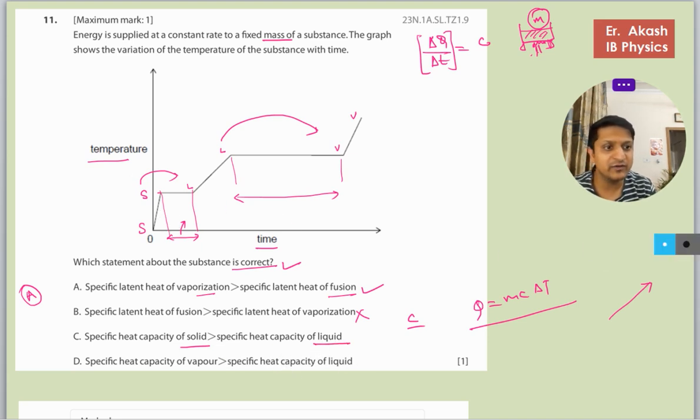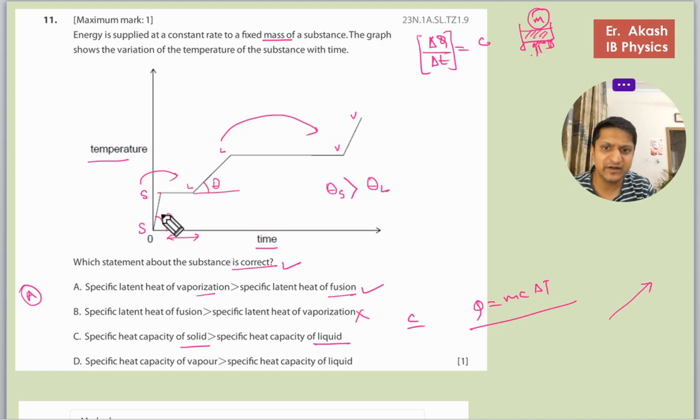So how will you know whether this is right or wrong? Now I'll tell you. See this theta and this theta. See, the theta of solid is greater than the theta of liquid.